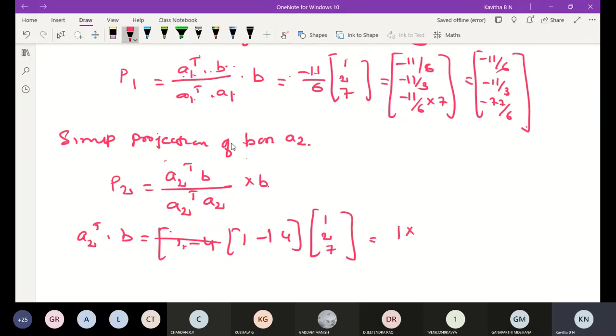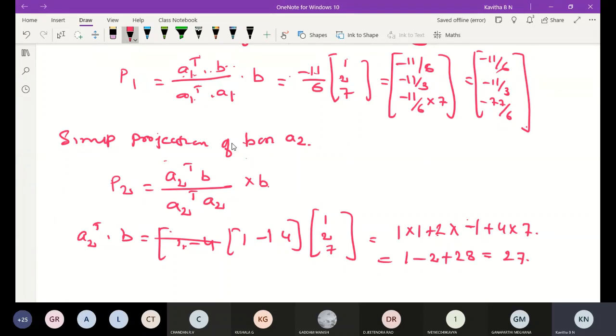Here 1 into 1, minus 1 into 2, plus 4 into 7. Simplify: 1 minus 2 plus 28, that means 27.